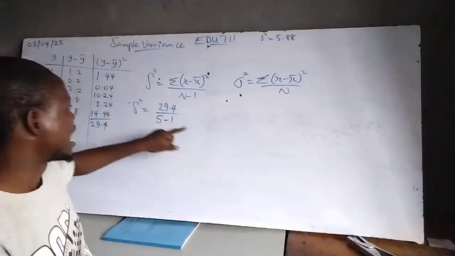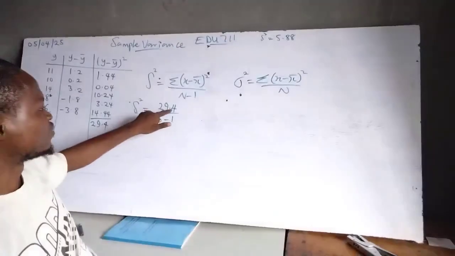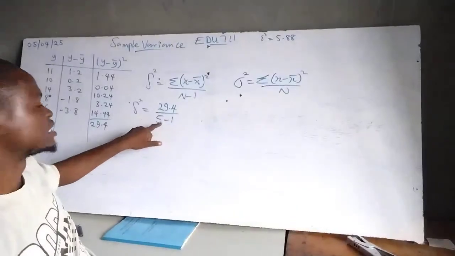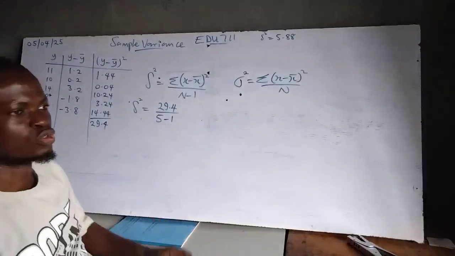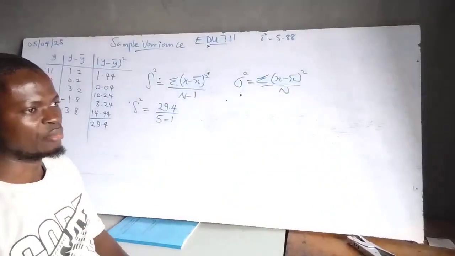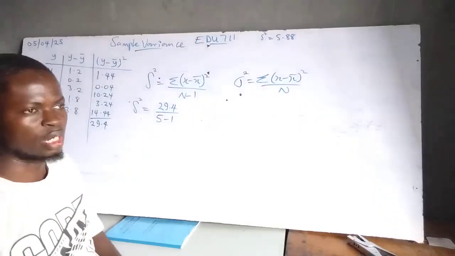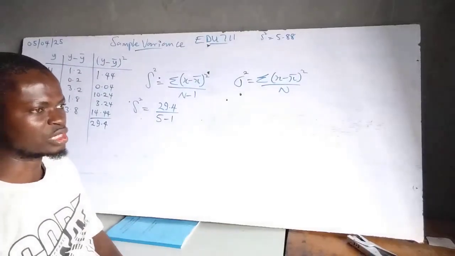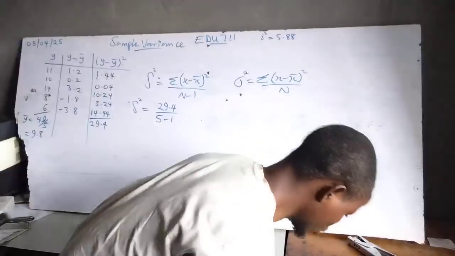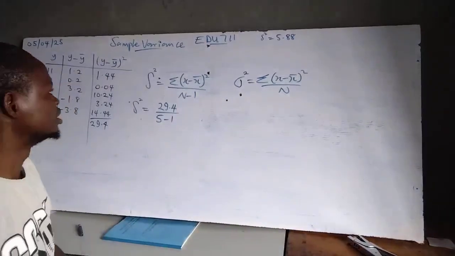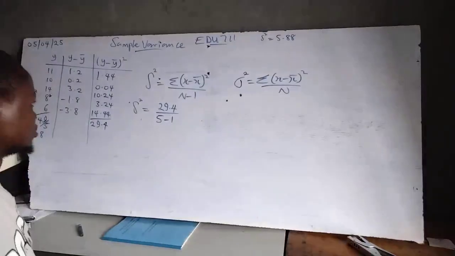That is, I divided 29.4 by 5 instead of 5 minus 1. So that is one of the major things we have to correct through this episode. So join me in this correction.